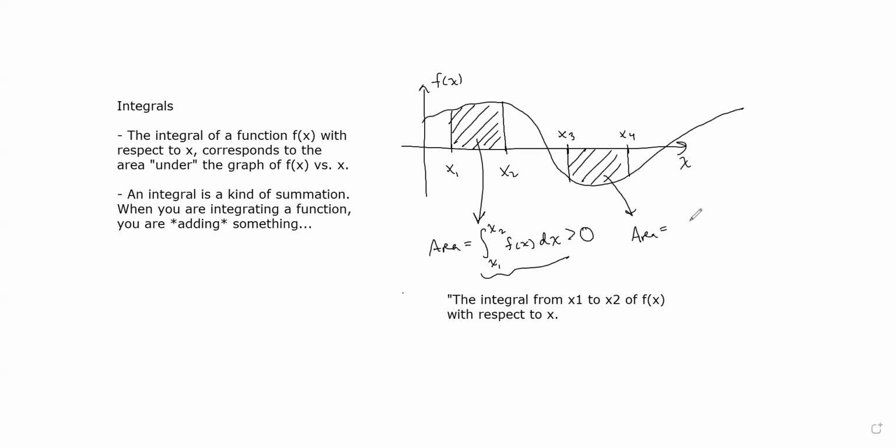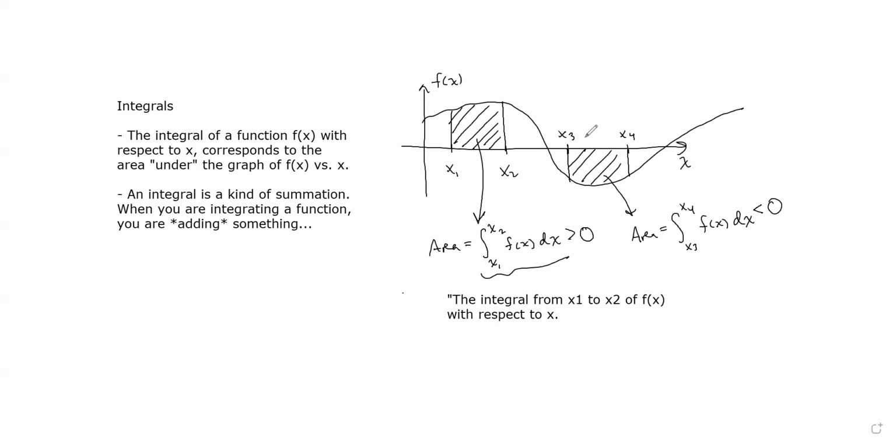This area is equal to the integral from x3 to x4 of the function f of x with respect to x. We're integrating the function f of x with respect to the variable x. And this area should have a negative value because the value of the function itself is strictly negative in that interval.